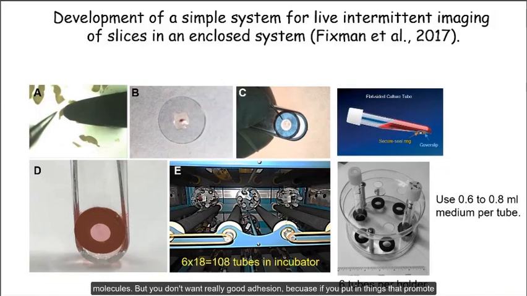But you don't want really good adhesion because if you put in things that promote cell migration, the slices get thin. So you want something that adheres the slice but doesn't promote migration. And one of the things that we've been using is this molecule called Vitrigel.